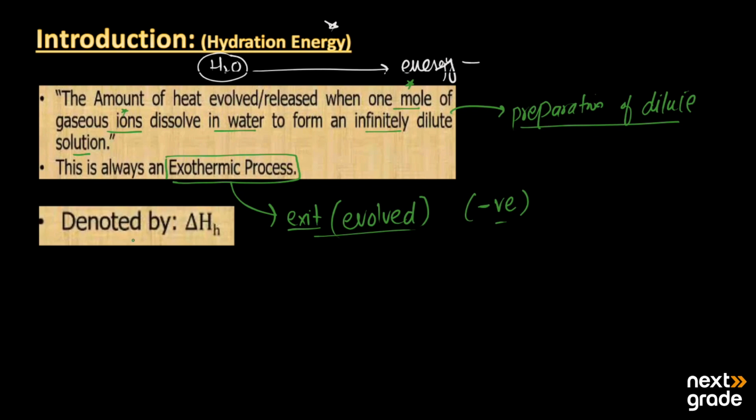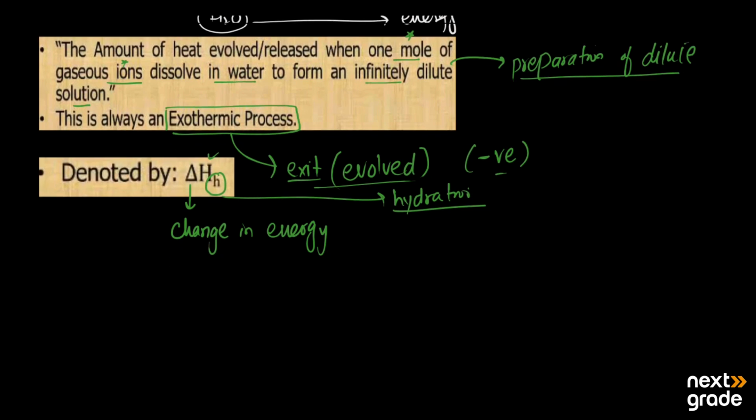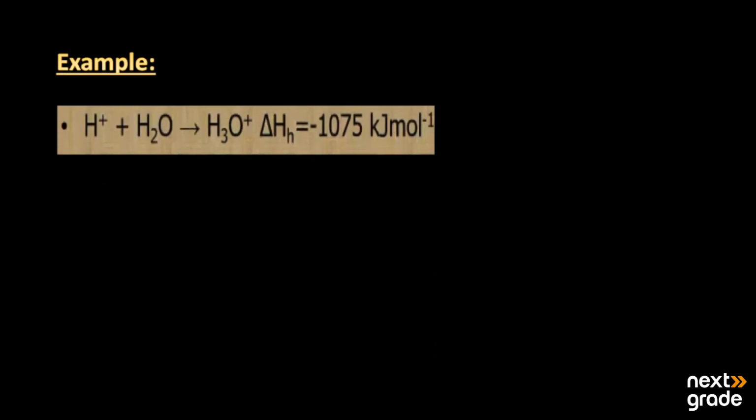The hydration energy is denoted by delta H hyd, where delta shows the change in energy and the small h shows hydration. As this process is highly exothermic, it releases a high amount of energy. Let's have an example for the hydration energy.